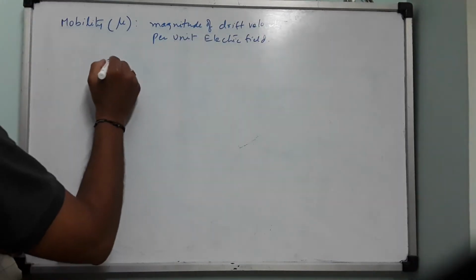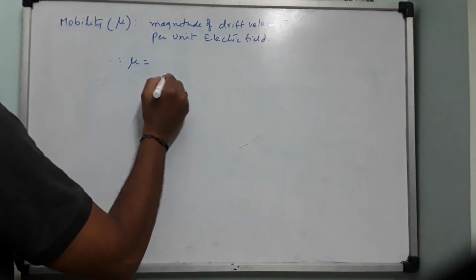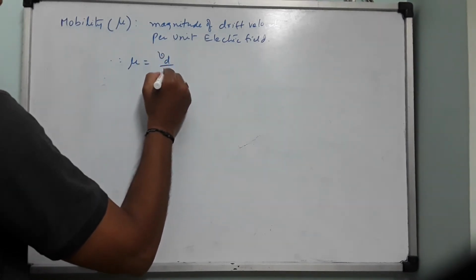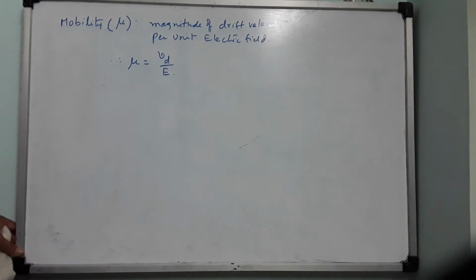So therefore, mu equals drift velocity Vd divided by E. This is a basic expression.